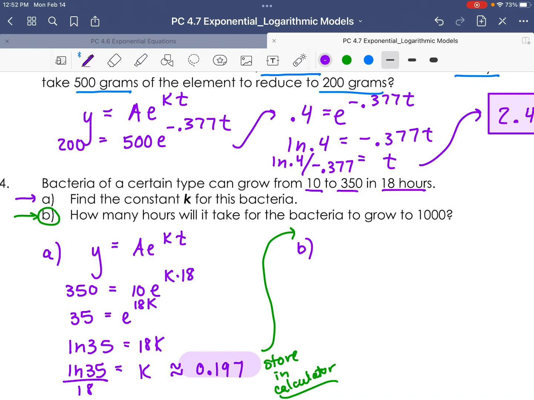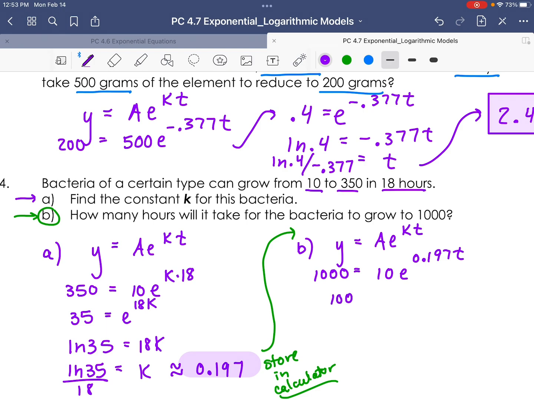Okay, so part B, in how many hours will it take for the bacteria to grow to 1,000? So we go back now, knowing my initial amount, and I want to know, now that I have my K value, 0.197, how much time, that's now what I'm looking for, will it take for it to grow from 10 to 1,000?